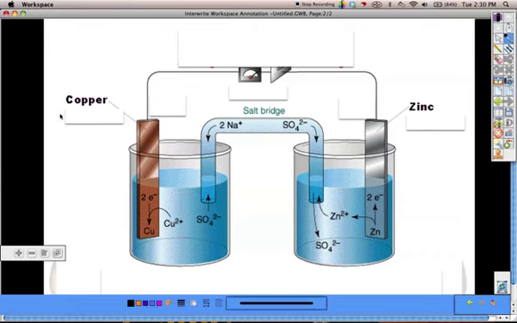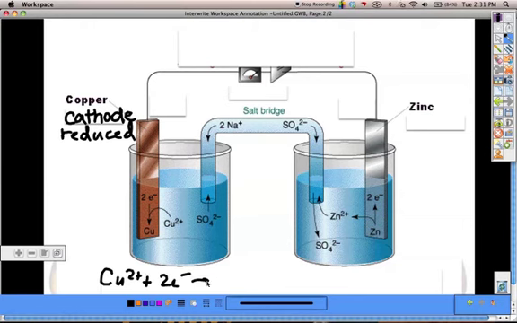This is my cathode, it's being reduced. Gaining electrons, being reduced. So we have Cu2+ plus 2 electrons forming Cu solid. The cathode is the positive electrode.